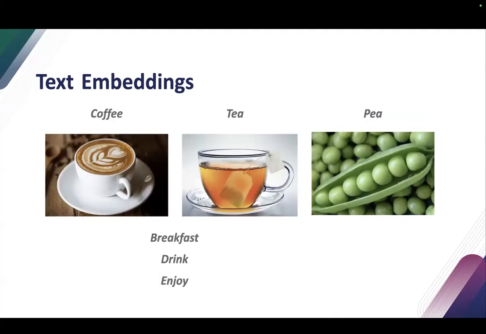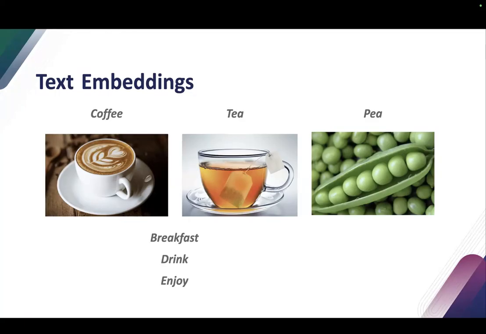So let's say you have 3 words: coffee, tea, and pea. T and P kind of look the same, but they don't mean the same thing. Coffee and tea, on the other hand, are spelled very differently, but they would be used in a very similar context.